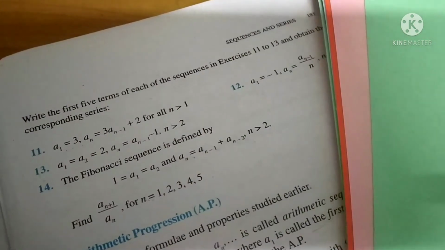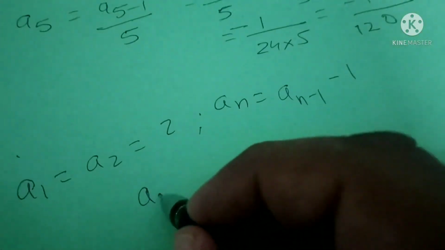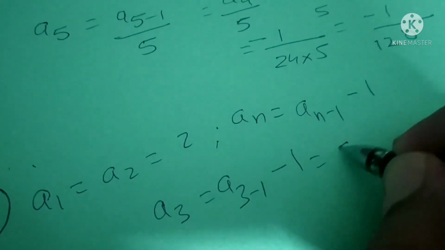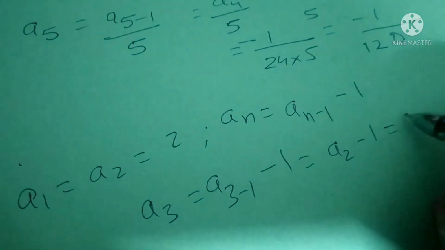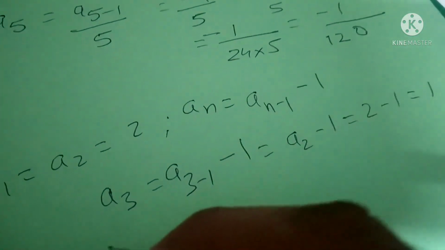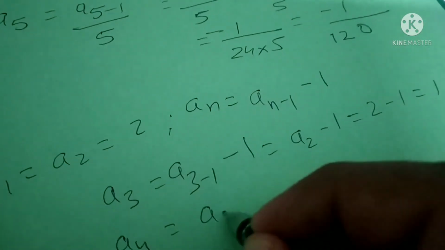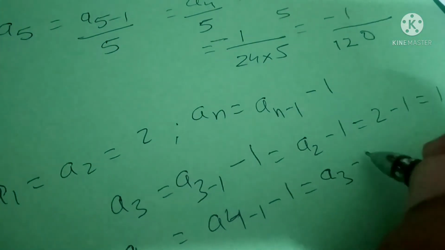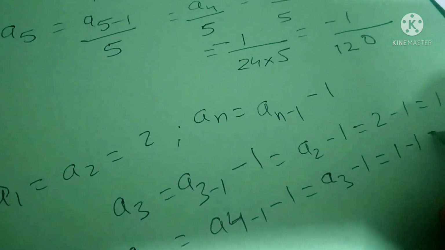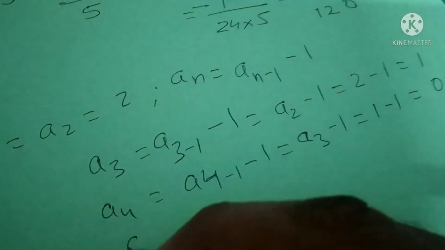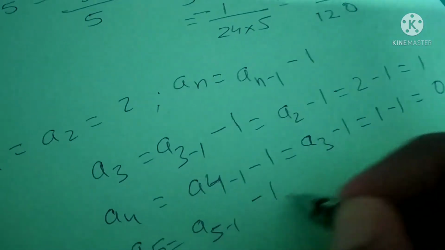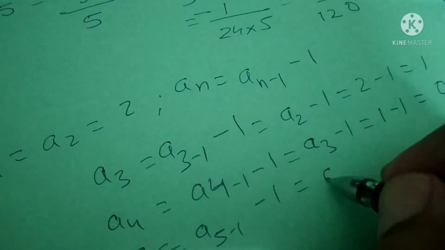So this is the 13th question and we have to find out a3 now. a3 is equal to a_(3 minus 1) minus 1. So this is equal to a2 minus 1. So this is equal to 2 minus 1 equal to 1. So a4 is equal to a_(4 minus 1) minus 1, equal to a3 minus 1, equal to 1 minus 1 equal to 0. So a5 is equal to a_(5 minus 1) minus 1, equal to a4 minus 1.